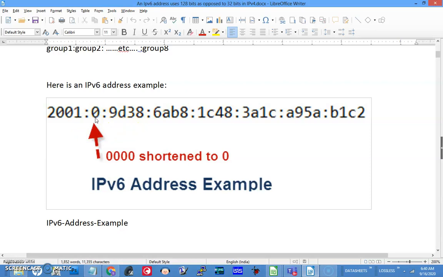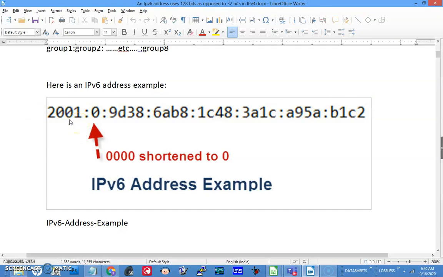So this single 0 is representing 4 hex zeros, or 16 bits. So 16 bits here, 16 bits here, 16 bits here, and you can add up. How many such 16-bit groups are here? 1, 2, 3, 4, 5, 6, 7, 8. 8 groups of 16 bits. That is 8 into 16, which is 128 bits. So this is how we represent it.